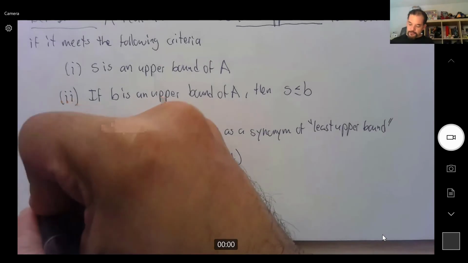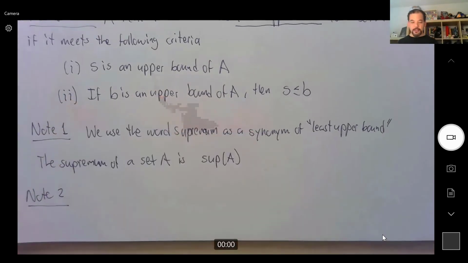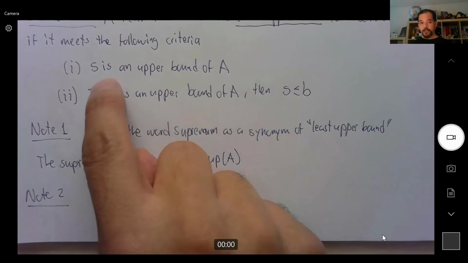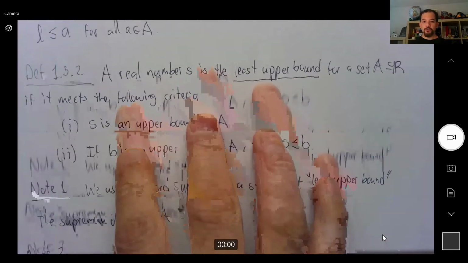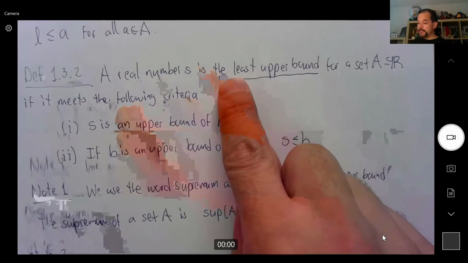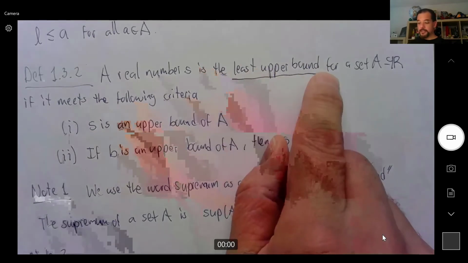Note number two is that, like I was telling you, we gave a preference to the right side just because, but we could have done this on the left side, right? And you can do it on the left side. So we already know that we can talk about lower bounds, and then we could talk about the greatest lower bound, right?